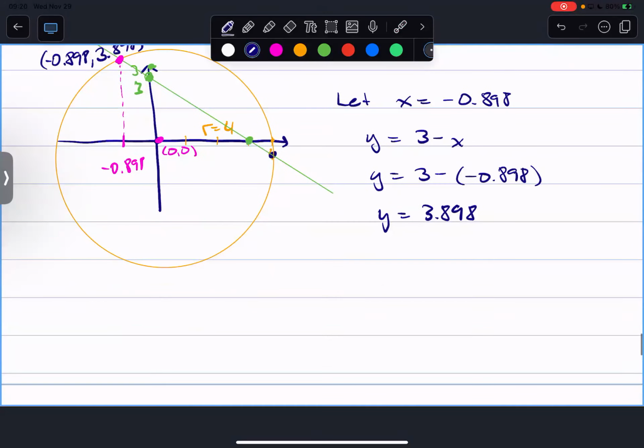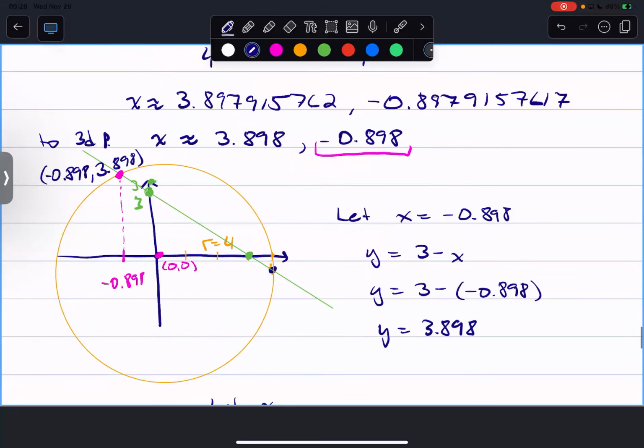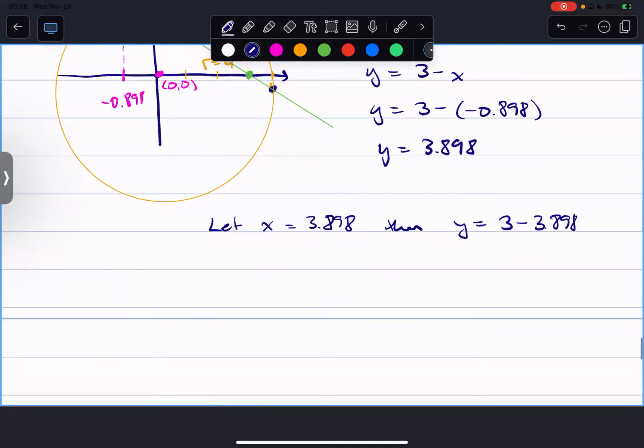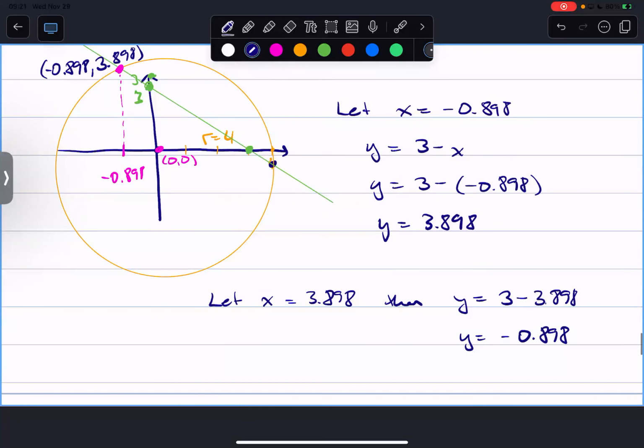If I do the same thing again, if I let x be, what was it? 3.898, then y is 3 minus 3.898, which means my y is negative 0.898, which again makes sense because I'm expecting to be below the x-axis, right?